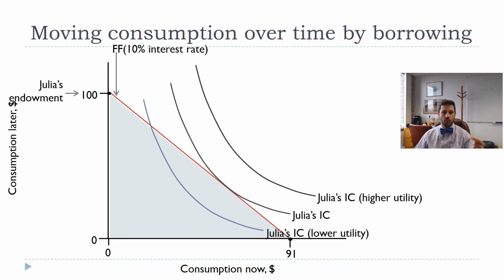So she's going to want to set the slope of her indifference curve equal to the slope of the feasible frontier, which is going to be 1.1 if she's borrowing at 10%. So that's going to be here at point E, where she's consuming 58 now and 36 tomorrow.